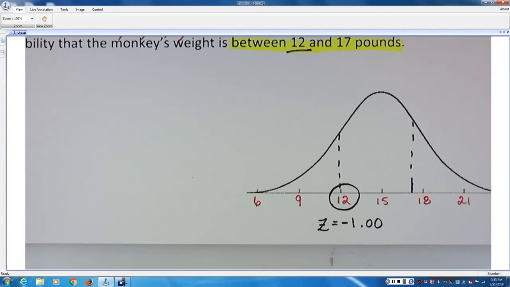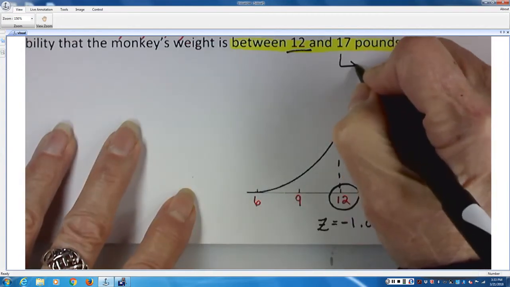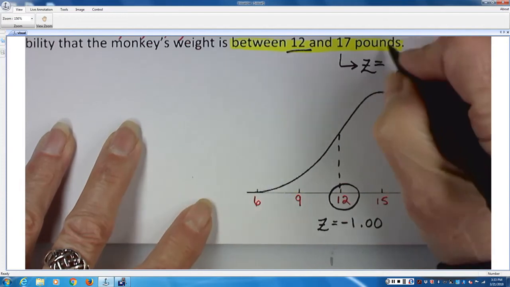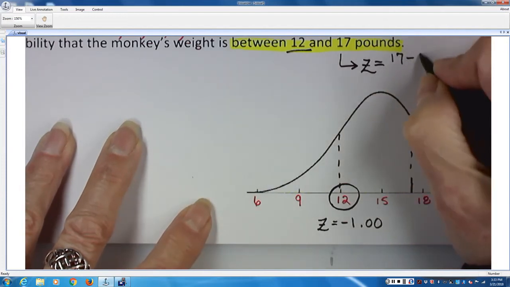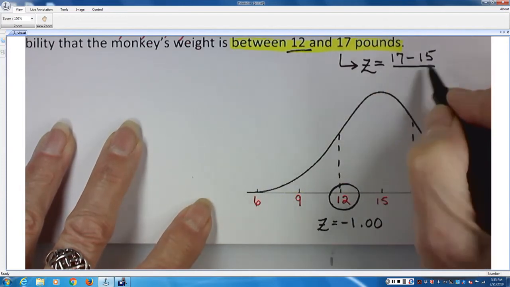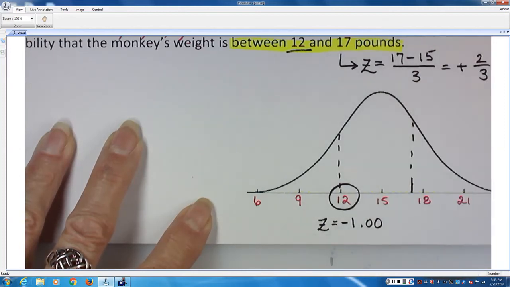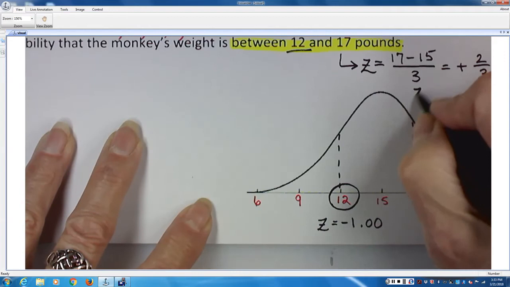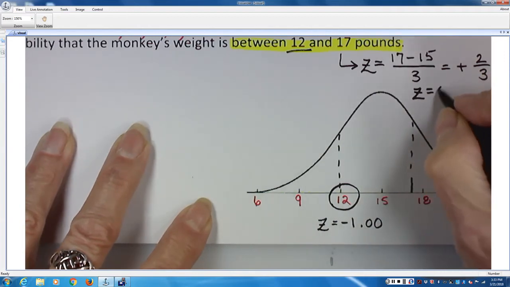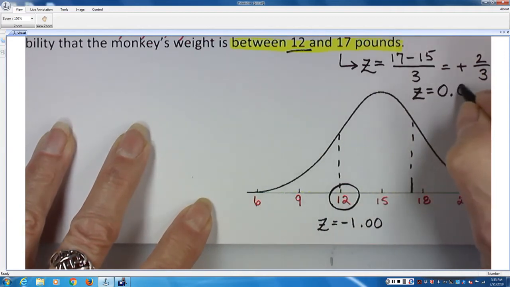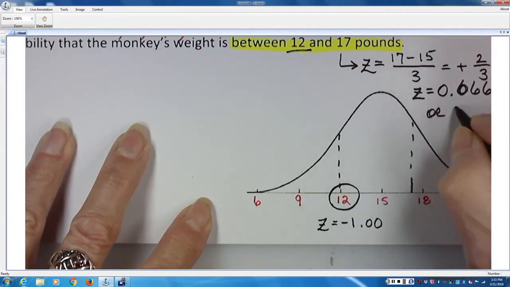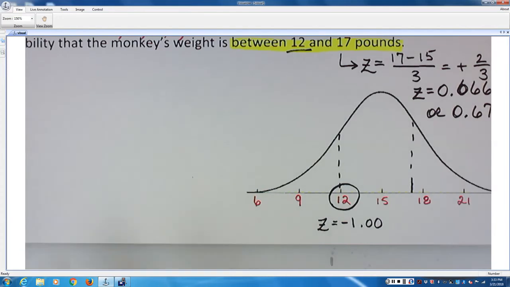And that one's not an exact place, so I'll calculate the z-score for 17. And this one turns out to be positive 2/3, or about 0.67.